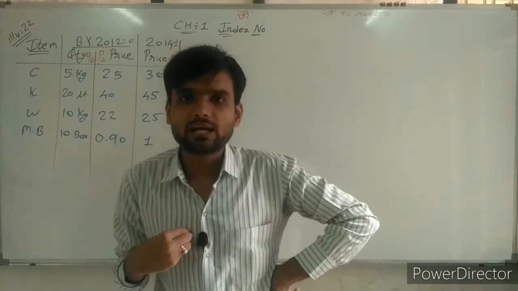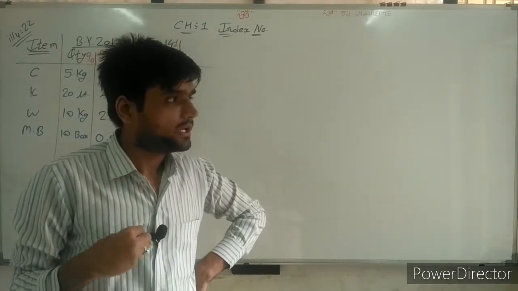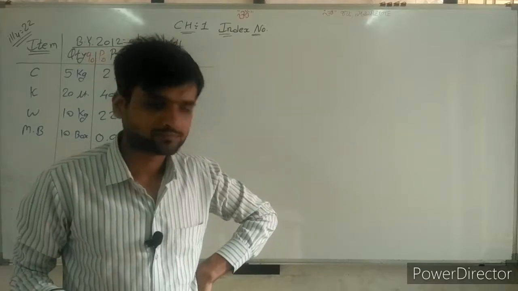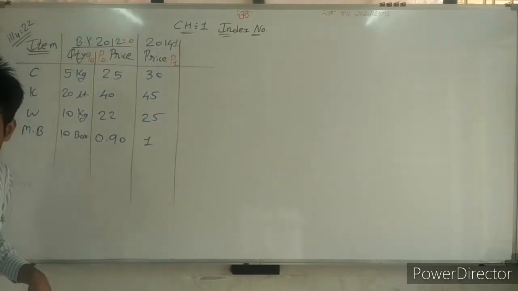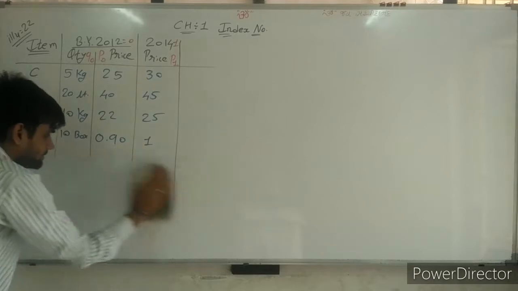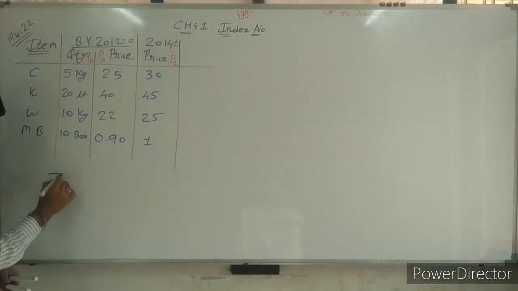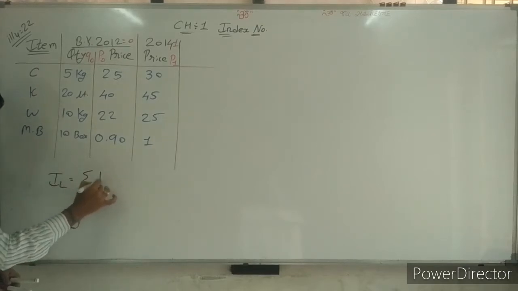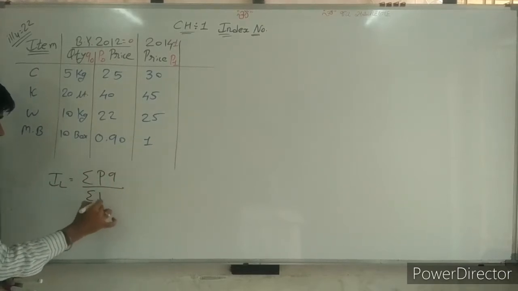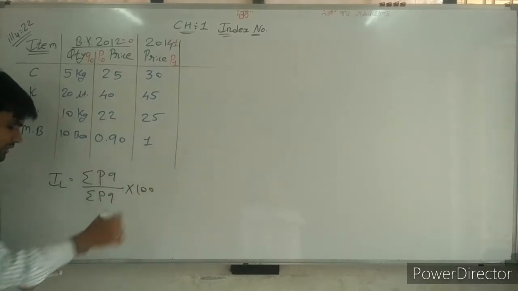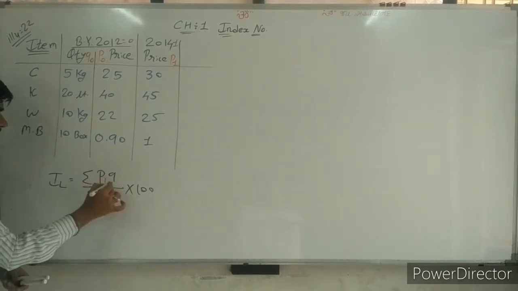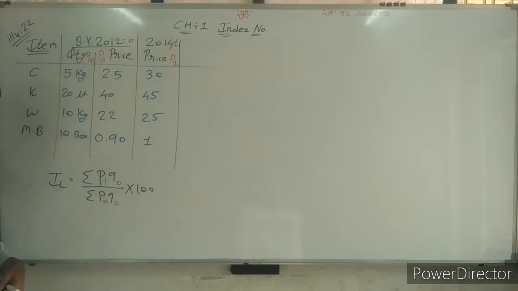If I want to find index number of Laspeyres, then which is the formula? Writing here. Formula of Laspeyres: sigma P1 Q0 upon sigma P0 Q0 into 100. Now think P1 Q0. Can I find P1 Q0?